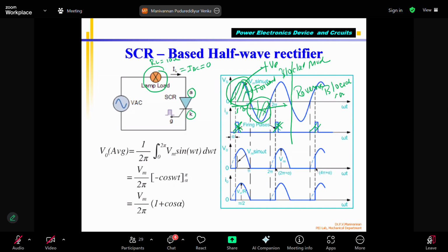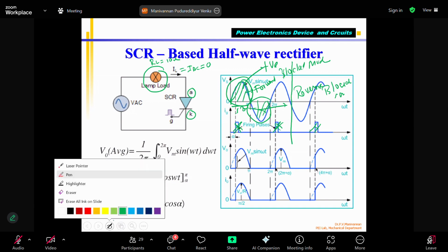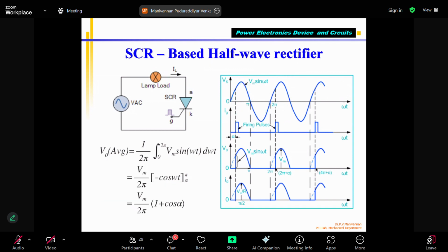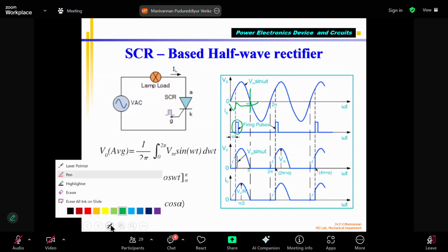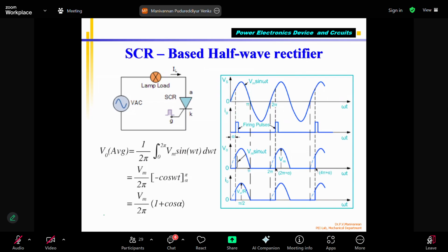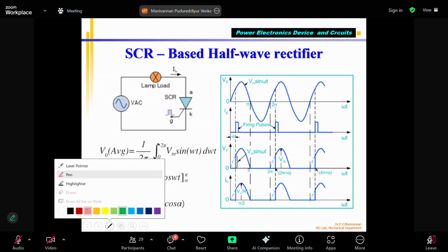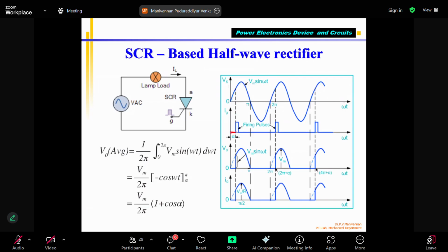Now, if I want my bulb to glow, what do I have to give? During the positive half cycle, somewhere I have to give a pulse. You can see here, this is the pulse. Please note that this is a half cycle, and this is another half cycle. Generally, when we talk about a sinusoidal, we talk about 360 degrees. This is 180 degrees.